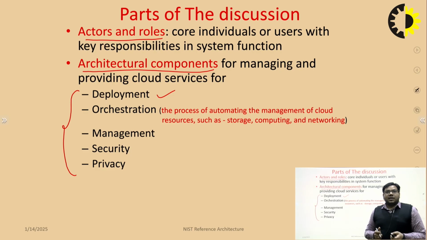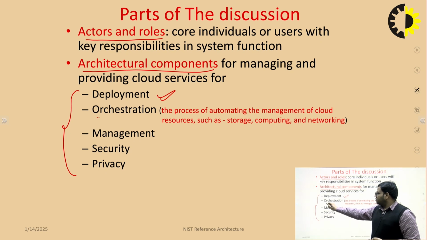For example, if a cloud service provider is providing storage as a service, then that provider will have to set up and deploy the storage at its data centers so it can be provisioned to the consumers. So that is the deployment.